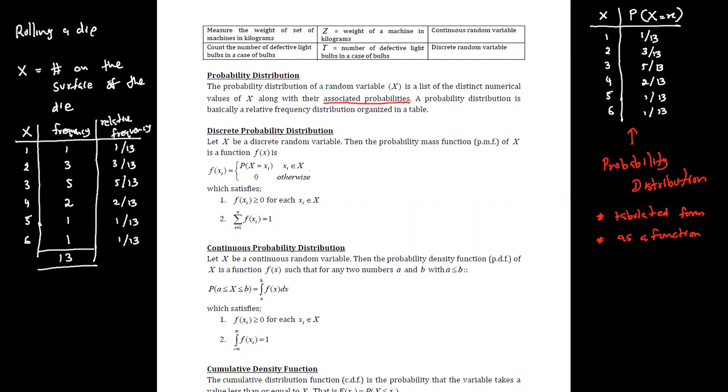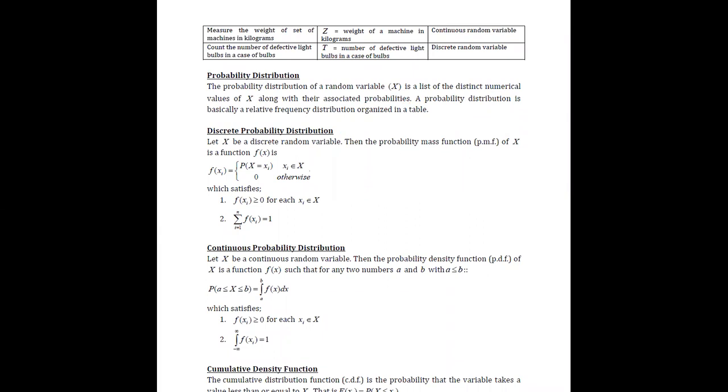When we were discussing random variables, we identified that there were two categories of random variables, such as discrete random variables and continuous random variables.